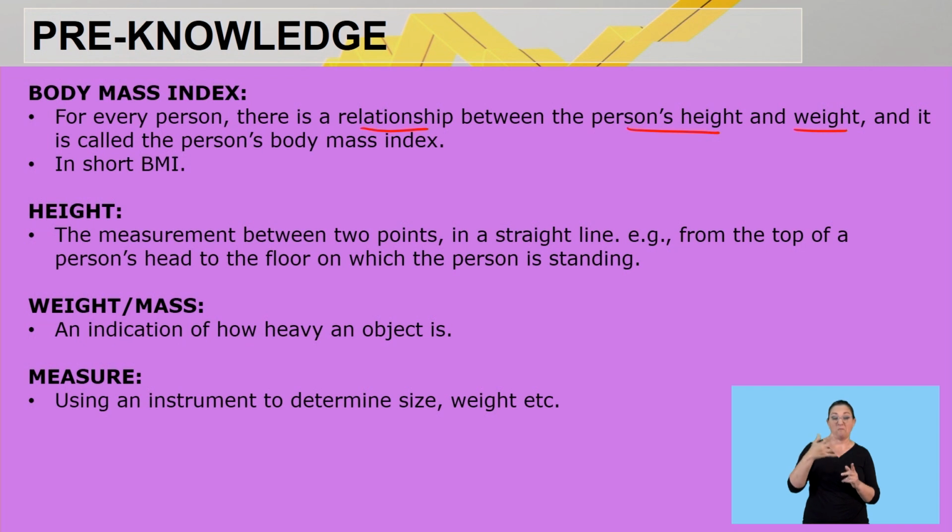Example, from the top of a person's head to the floor on which the person is standing. Then weight or mass is an indication of how heavy an object is. And then measure is using an instrument to determine the size, the weight, etc. So that's the terminology, the language that's going to be important in our lesson today.